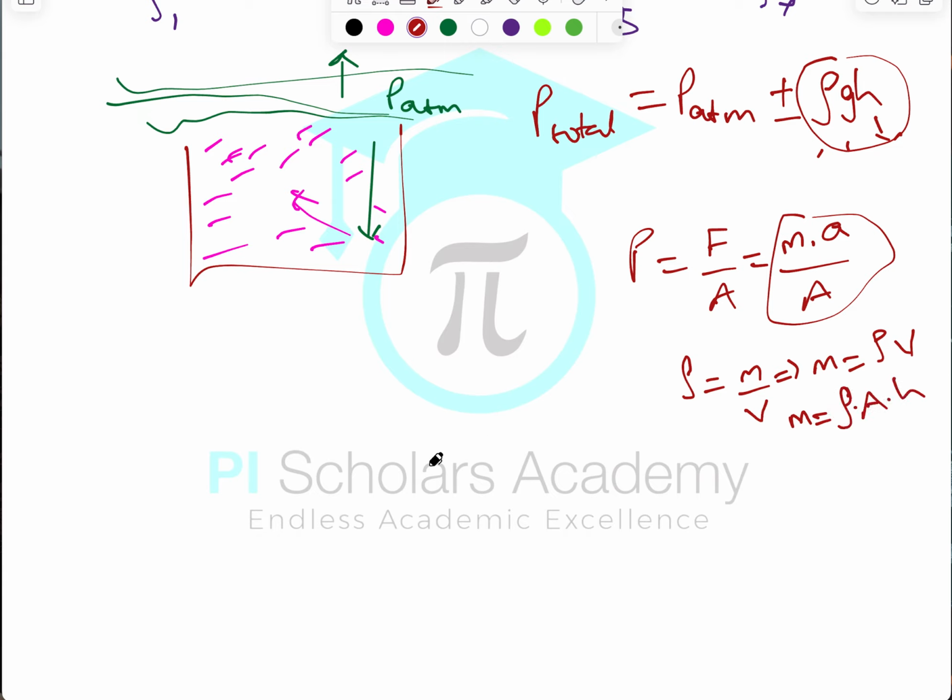But when you have an enclosed fluid like this, for instance, sachet water, and you apply pressure to one end, pressure is going to be transmitted throughout the fluid and even to the container as well.